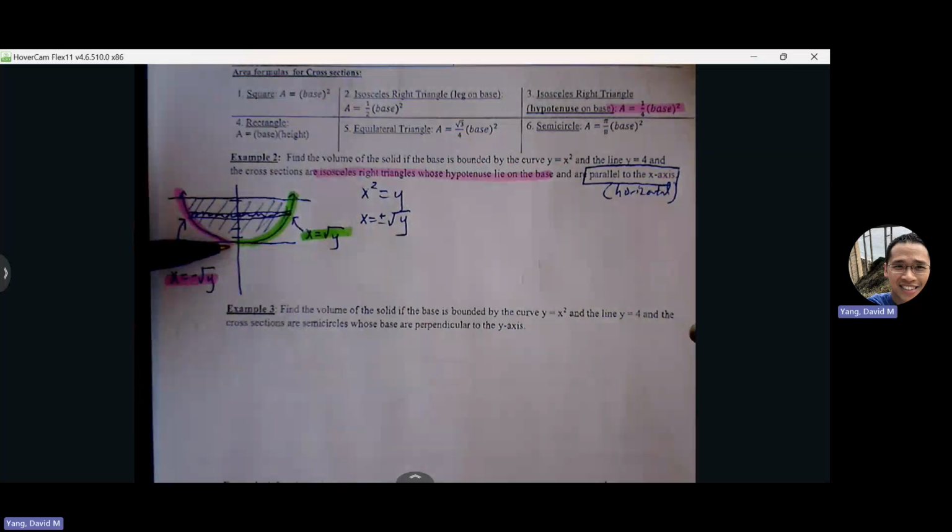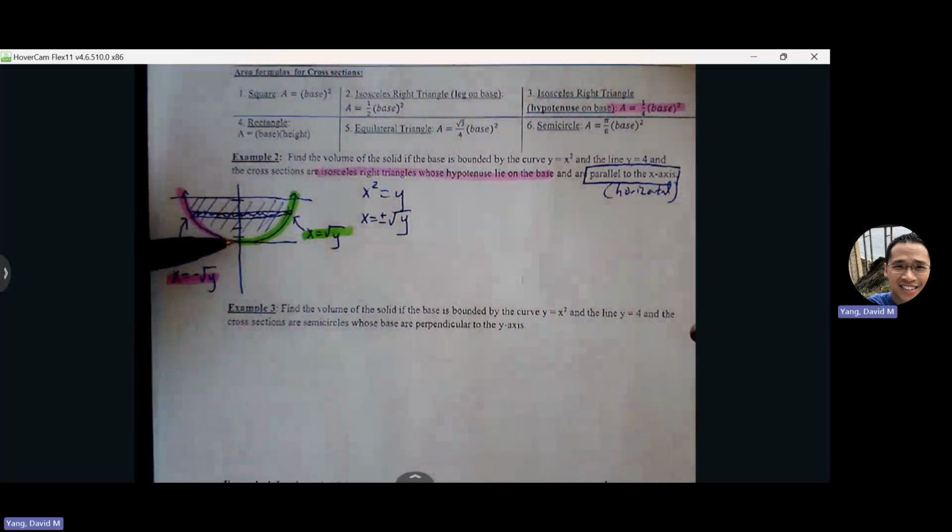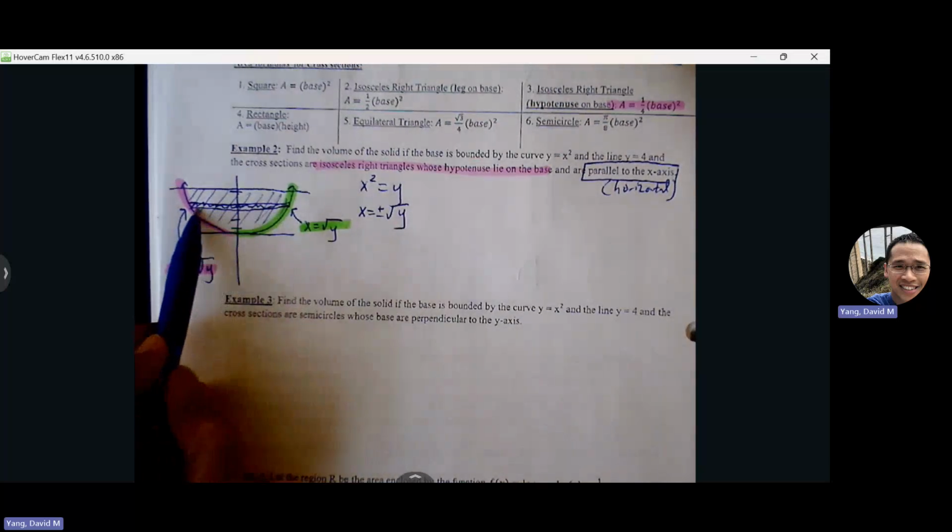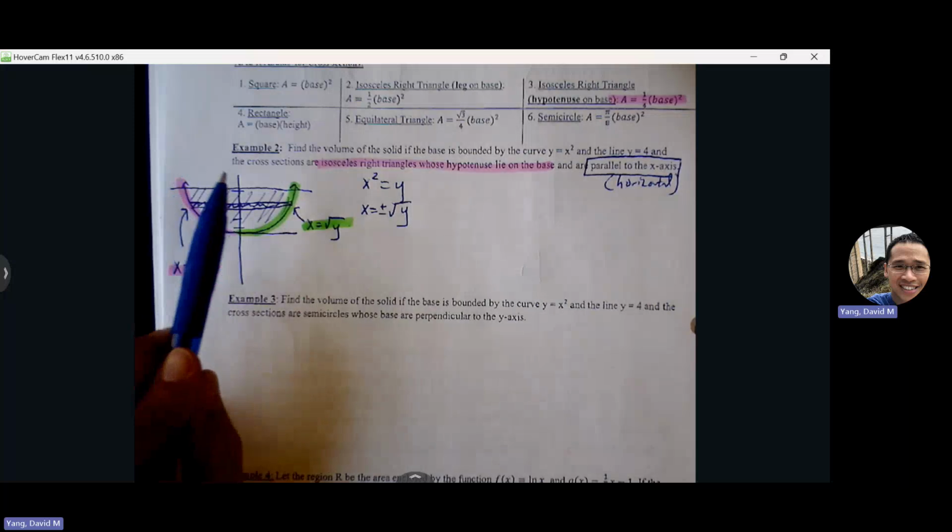Our bounds, we're stacking these triangles from the lowest y value to the highest y value. And the idea is that we're just imagining these triangles coming out of the page. Again, we don't have to worry about what they look like, but essentially this is where all these different size triangles are sitting on top of the base, and they're just extending from one side to the other.